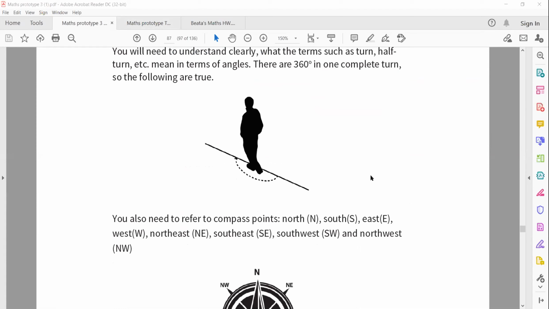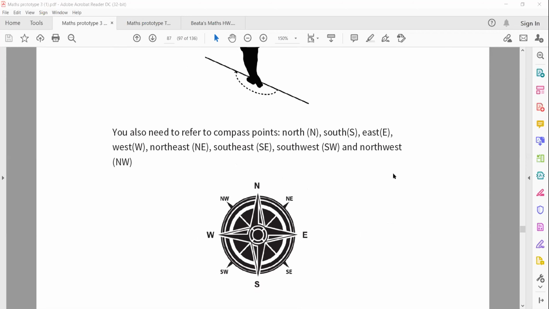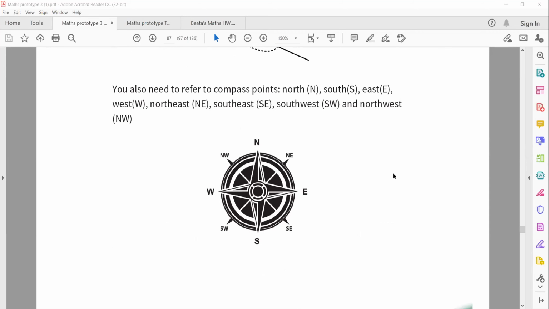So if this person is making one complete turn, that person is turning round. We need also to refer to the compass points. The points on a compass, we said we have the cardinal points, the main ones: the north, the south, the east, the west. But in addition to these, we have other points, such as the northeast, the southeast, the southwest, the northwest.